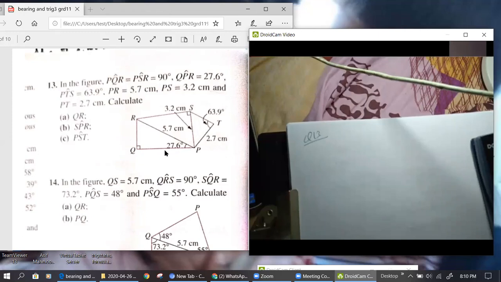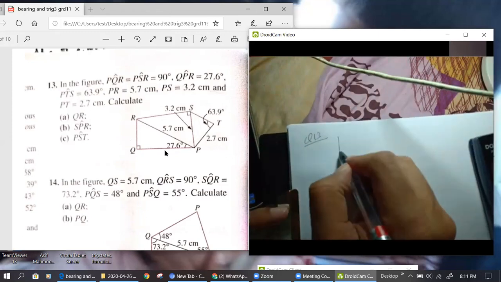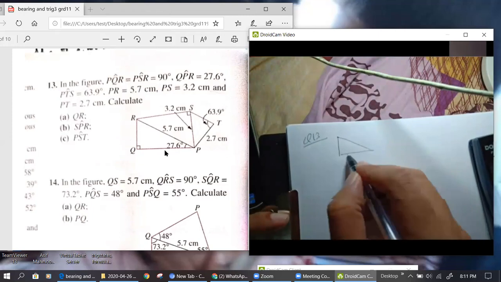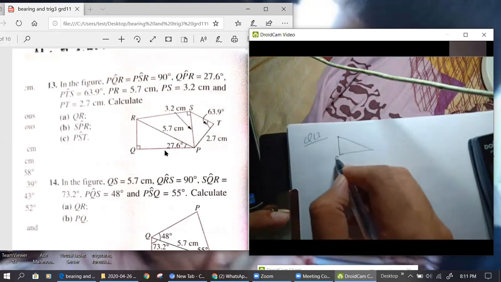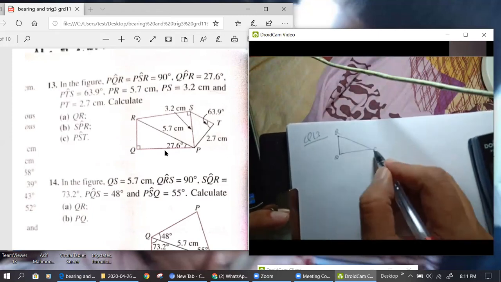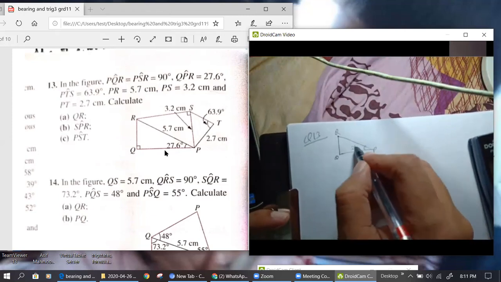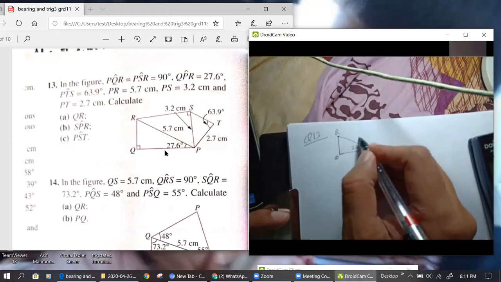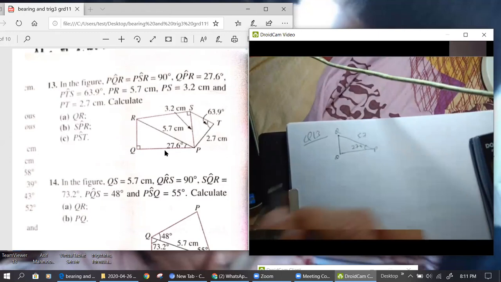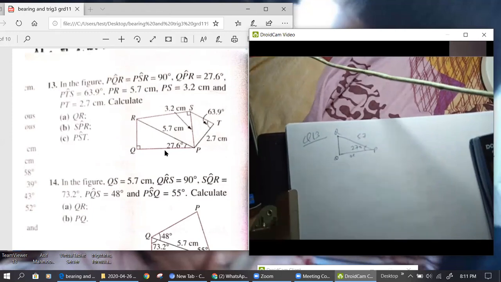RQP is this. This angle is 27.6 and this side is given. If one side and one angle is given, you need to find this. Very quickly calculate it. RQ. What will you use to calculate this?